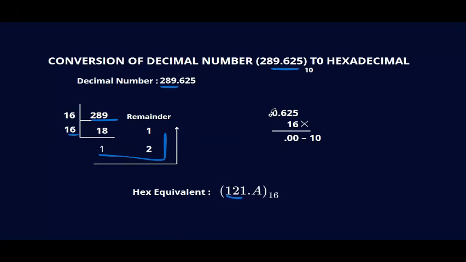The fractional part 0.625 is multiplied by 16 and we get 10.00, and the integer part of this product, which is 10, is moved to the right hand side, and this 10 in decimal is A in hexadecimal.